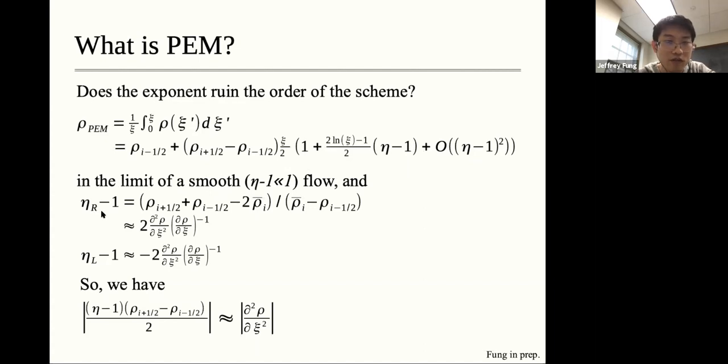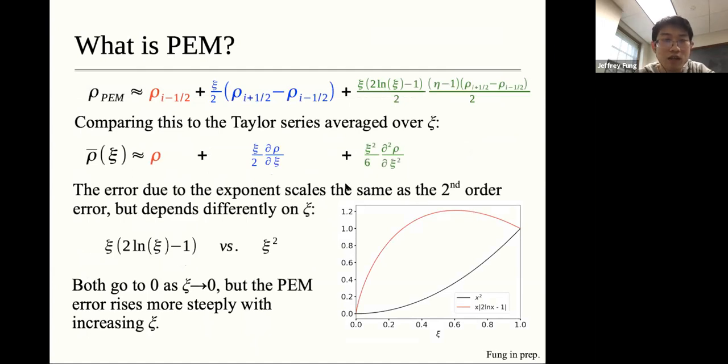And eta minus 1 is a first order approximation to the second order derivative of your background divided by the first order derivative, times some sort of number. So basically, eta minus 1 times the slope is an approximation to the second order derivative of the solution. So we can multiply it out and compare it term by term to the Taylor series.